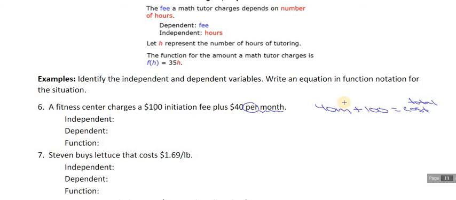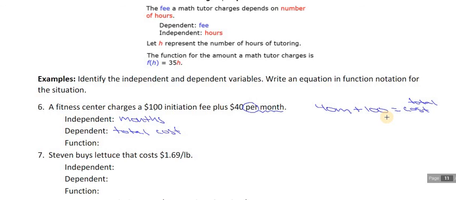Now in this particular case, the variable tied to the 40 is going to be our independent variable. The number of months that we are a member will then determine the total amount of money that is paid. Okay, so our independent variable is going to be months, whereas my dependent variable is going to be the total cost.